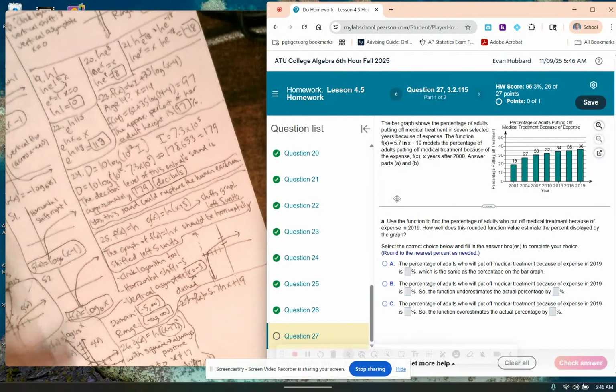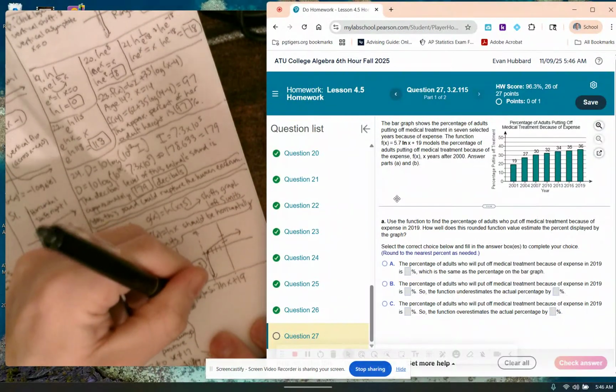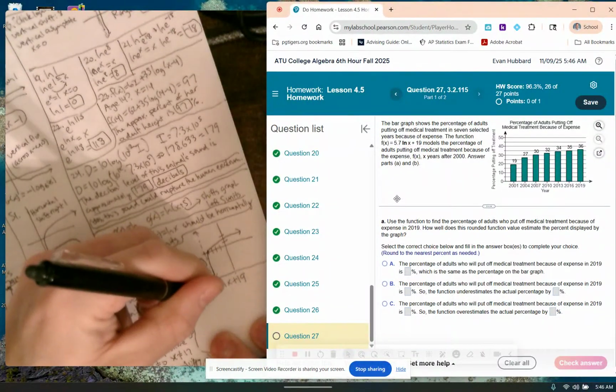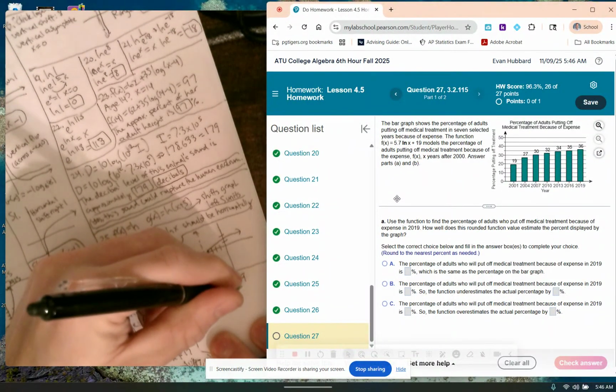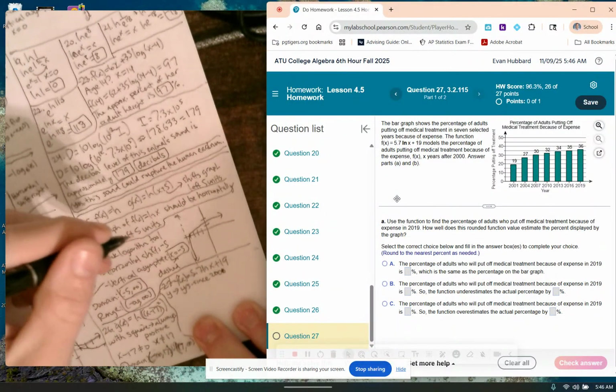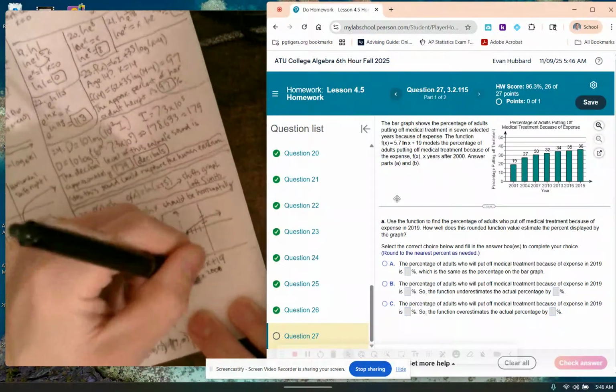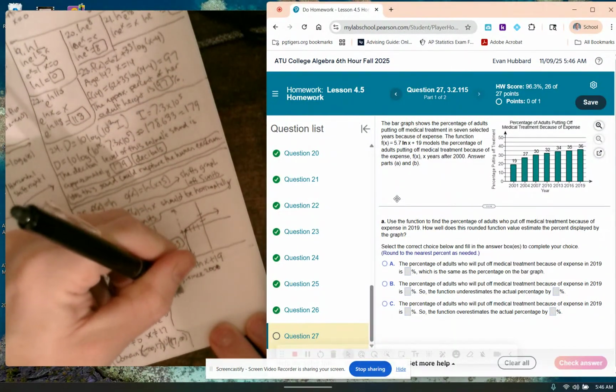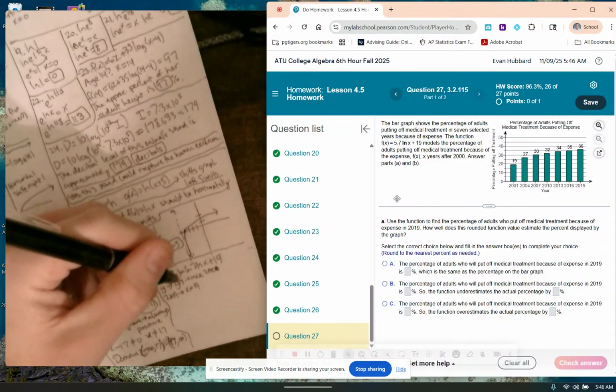Answer parts A and B. So x is years since 2000. For 2019, x would equal 19.